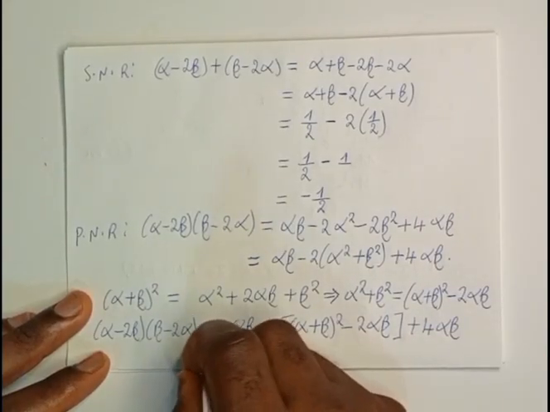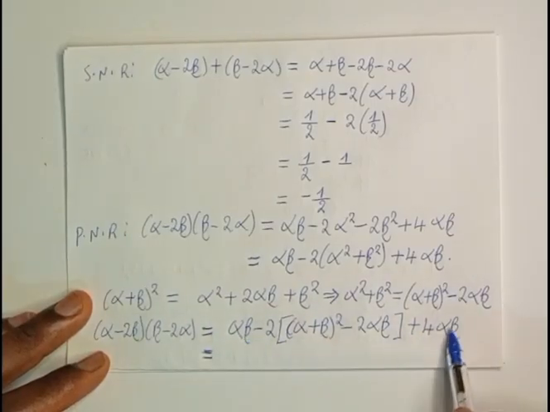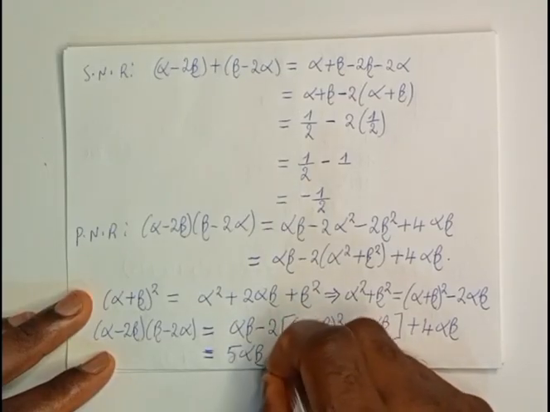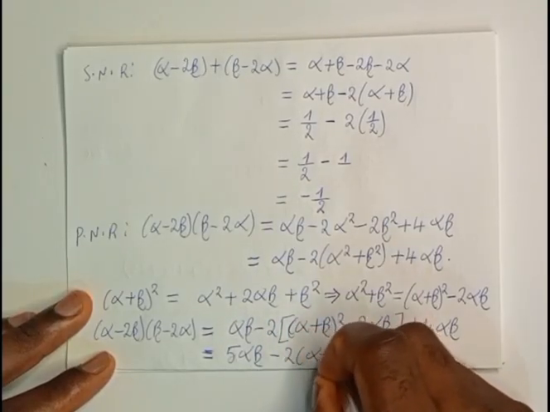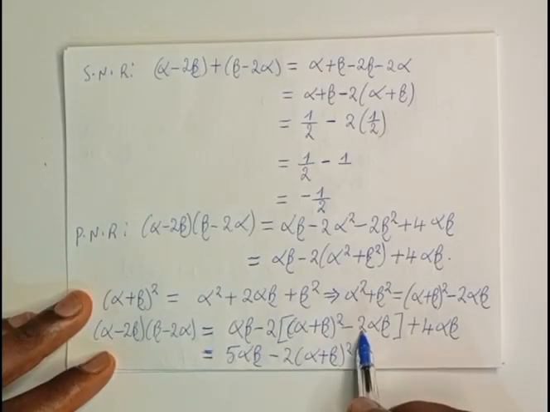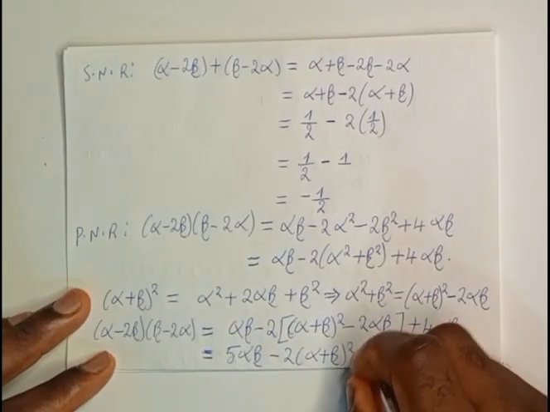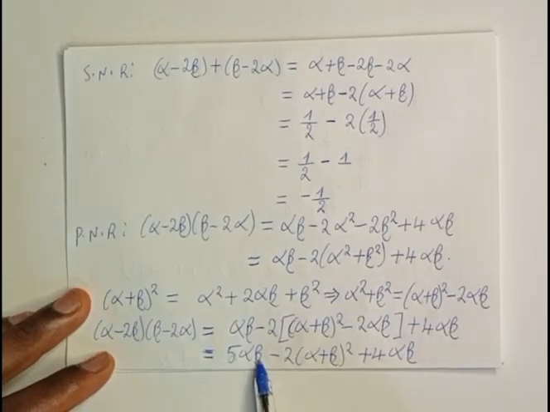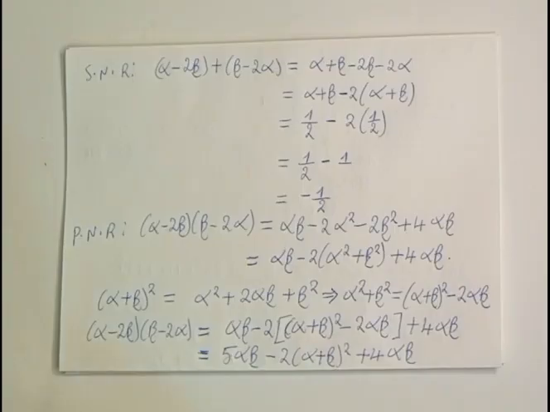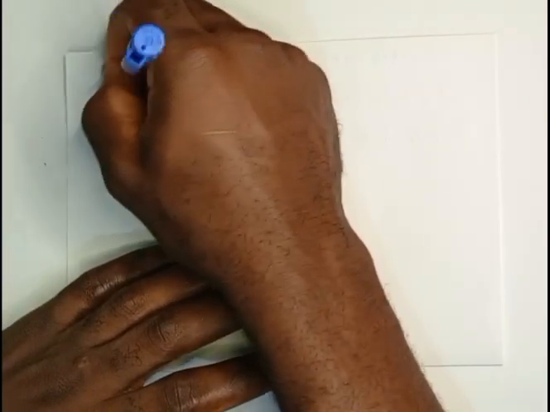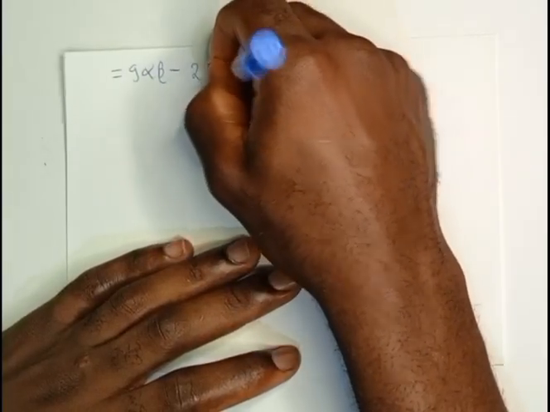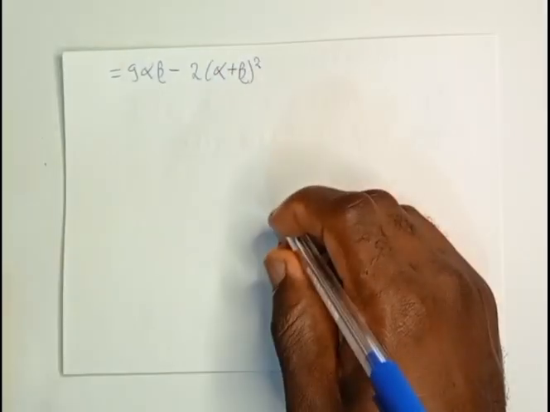This will simply be equal to alpha beta plus 4 alpha beta gives us 5 alpha beta minus 2 times alpha plus beta, all this squared. Negative 2 times negative 2 alpha beta gives us plus 4 alpha beta. 5 alpha beta plus 4 alpha beta gives us 9 alpha beta. This will give us 9 alpha beta minus 2 times alpha plus beta, all this squared.